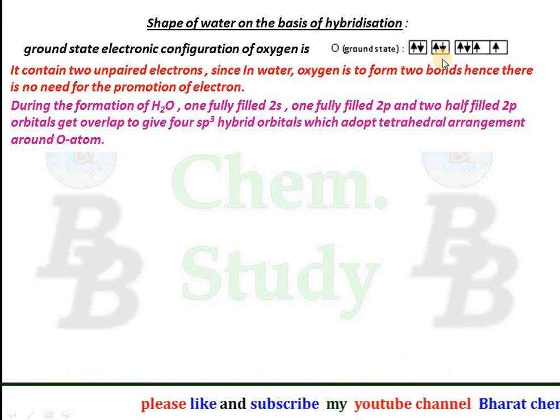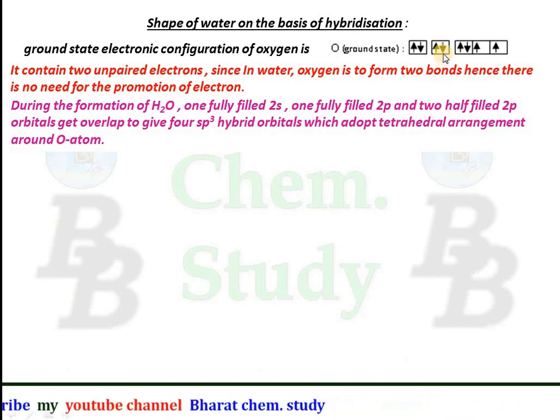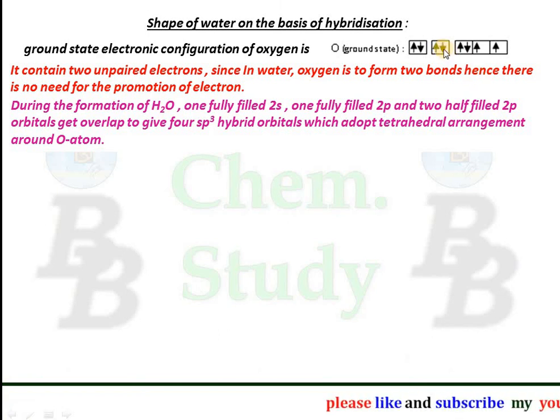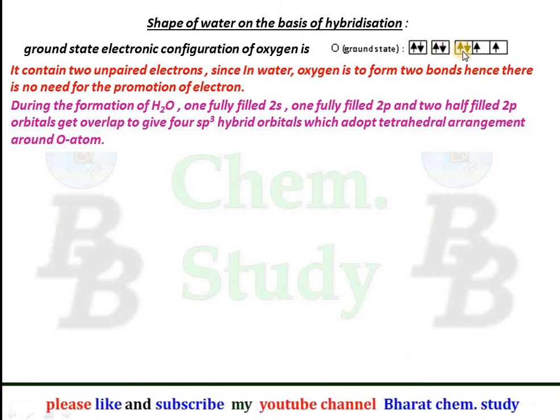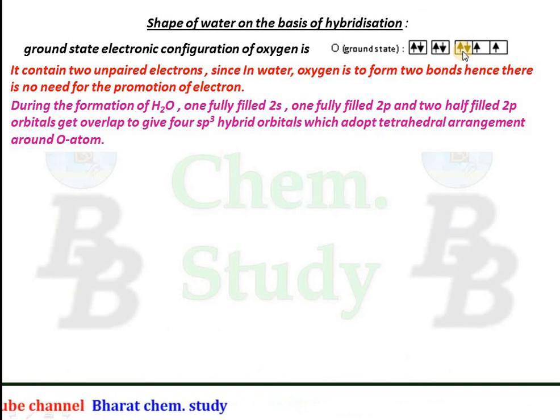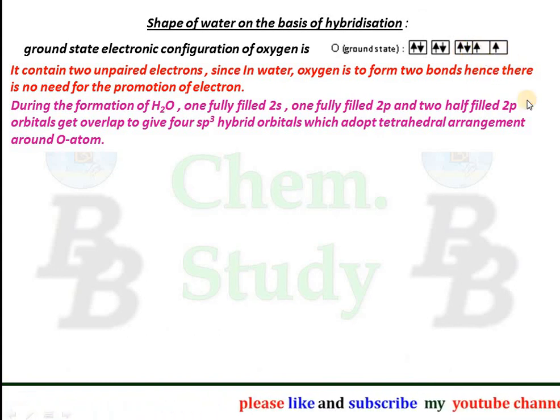Because the hybridization is sp3, the fully filled s and the fully filled p are going to participate in hybridization along with the half-filled p orbitals.